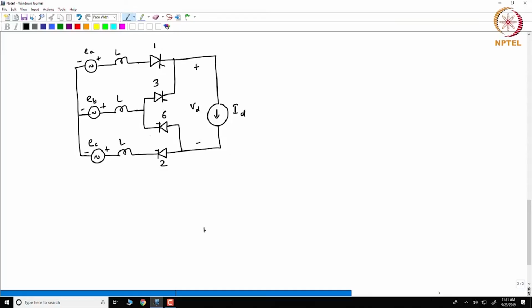I have taken one of the valve currents, that is I6, as an element of X1. And the other element of X1 is I1.